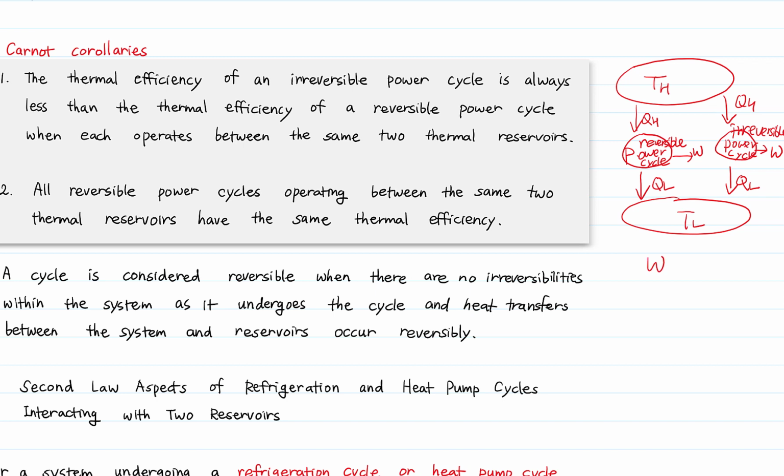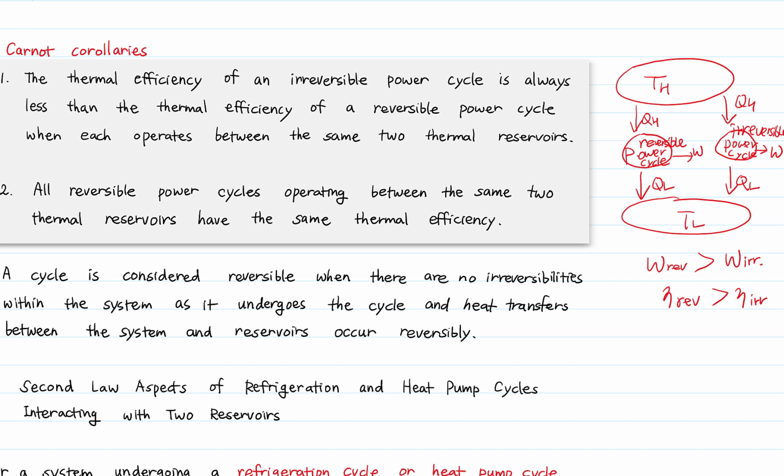Comparing the two, the work produced by the reversible power cycle is greater than the work by the irreversible power cycle. We can also say the efficiency of a reversible power cycle is greater than the efficiency of an irreversible power cycle.